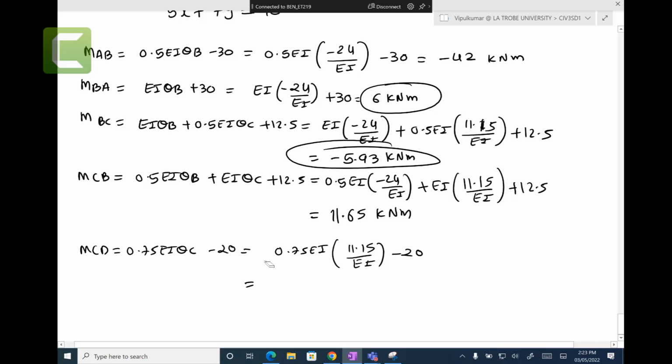Oh, that is just a plus, 11.63 kilonewton meters. Again, quickly check that. That is 64. So that is again checked. These numbers are matching with plus and minus. Now, once you find these values, we need to find those reaction forces.